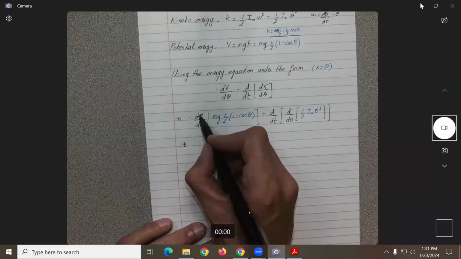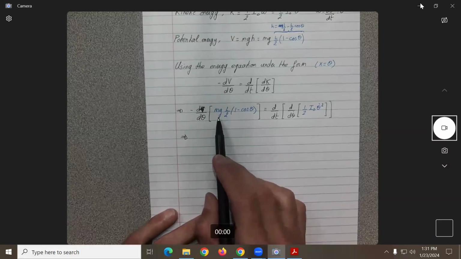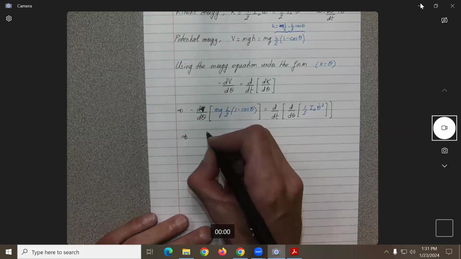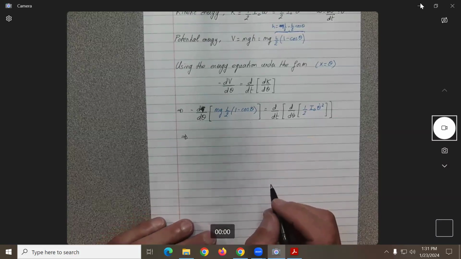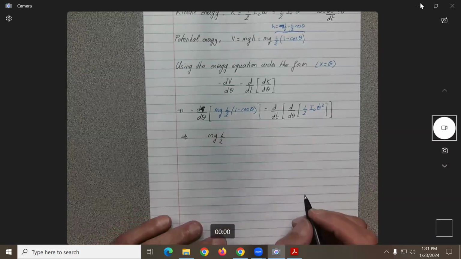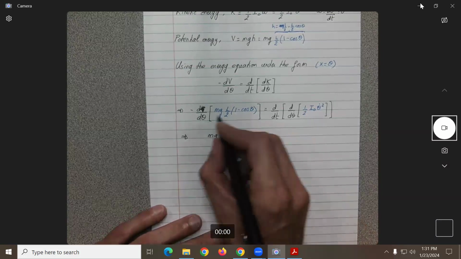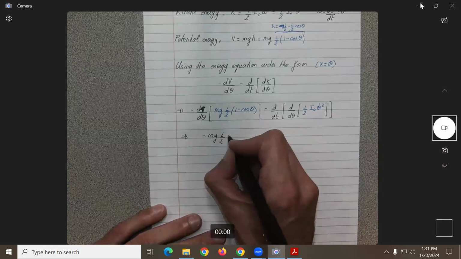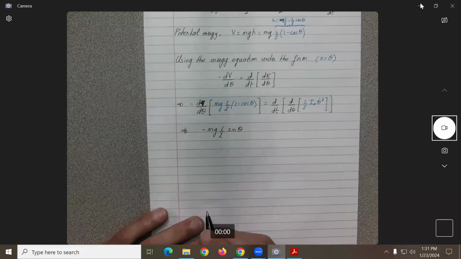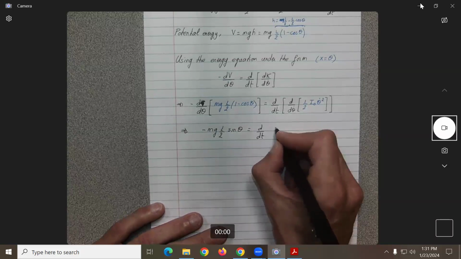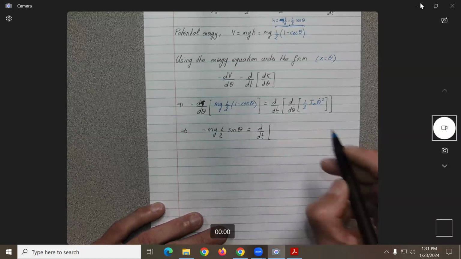Okay, what is the first equation going to give us over here? If you do the derivative of mgL over 2 times 1, that should be 0, no? So what should be the derivative of cosine theta? Okay, but we have minus minus, so that becomes plus. Cosine is minus sine theta, so minus sine theta will be equal to d dt of what?